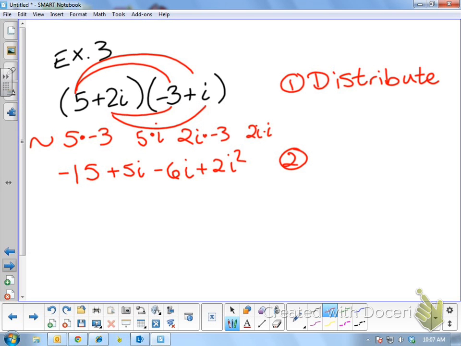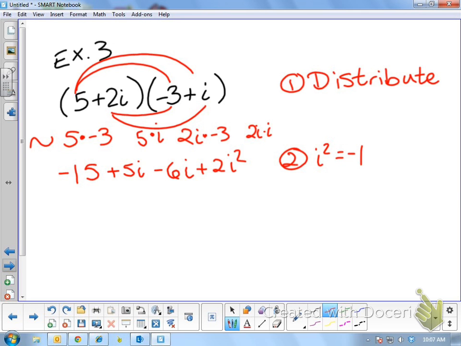So this is why we learned what i squared equals. If we go back to the start of our notes, what do we know i squared equals? Negative 1. That means I can replace i squared with negative 1.